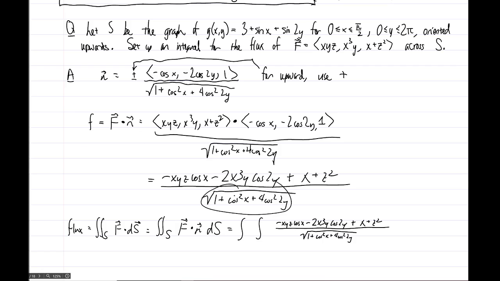It's sitting right here, hiding amongst things we've done. So it's root 1 plus cosine squared x plus 4 cosine squared 2y, and then dA, but we can write that as dx dy, where x goes from 0 to pi over 2, and y goes from 0 to 2 pi.